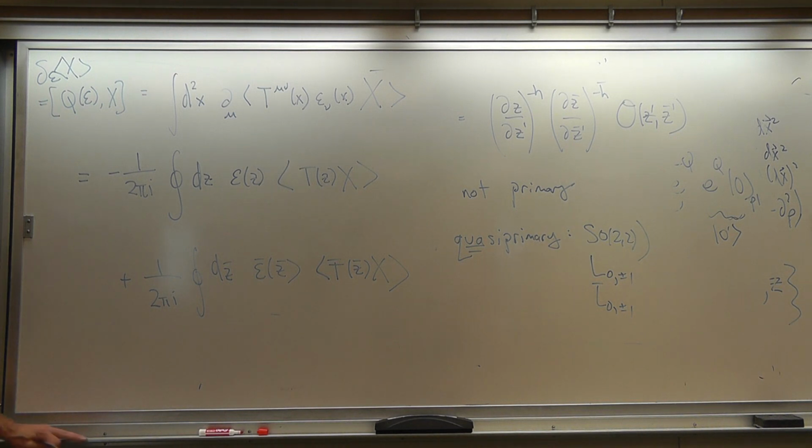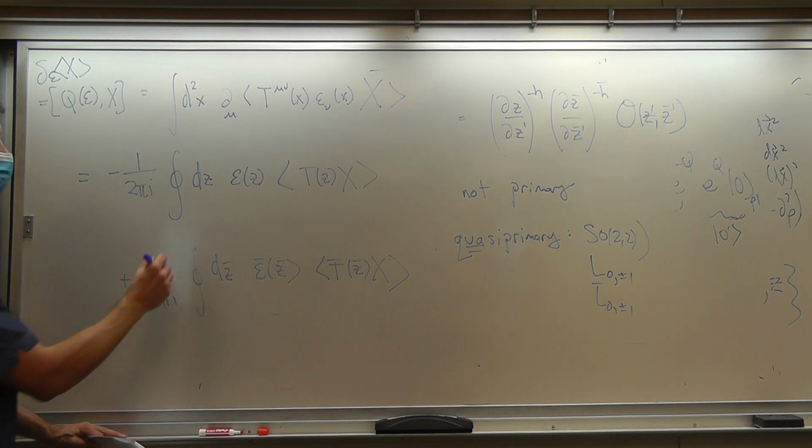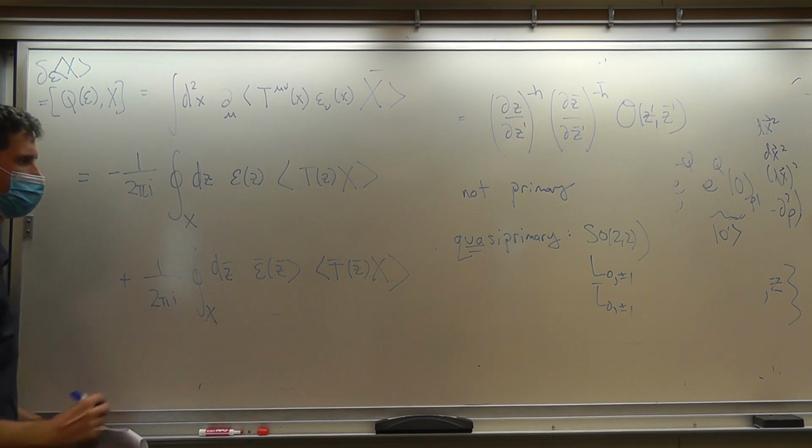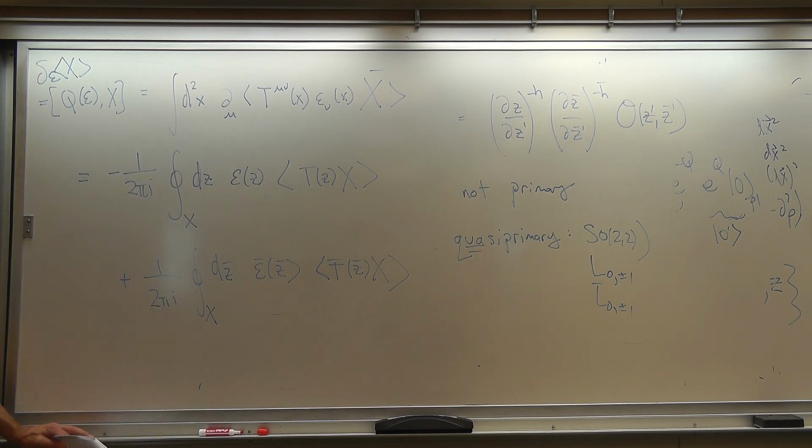Now, in these expressions, you can just take your integrals to go around x. In other words, I've taken those contour integrals over there and deformed them; when you take the difference, you can deform that to just wrap around the operator x.